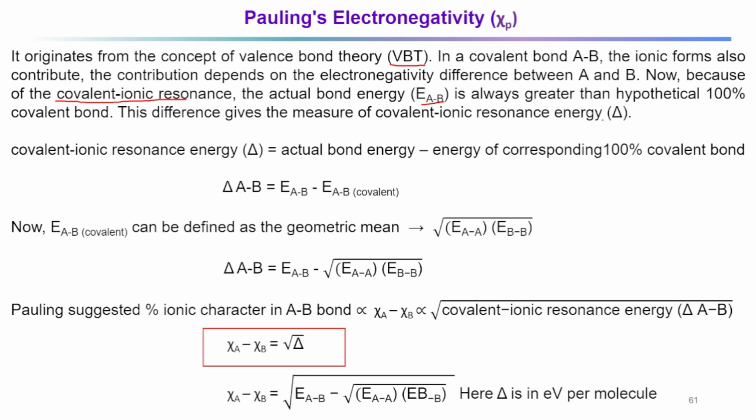If you take the actual bond, which has higher strength, and subtract the hypothetical 100% covalent bond between A and B, what you get represents the covalent ionic resonance energy. So you can write the covalent ionic resonance energy delta is equal to the actual bond energy minus the energy of the corresponding 100% covalent bond.